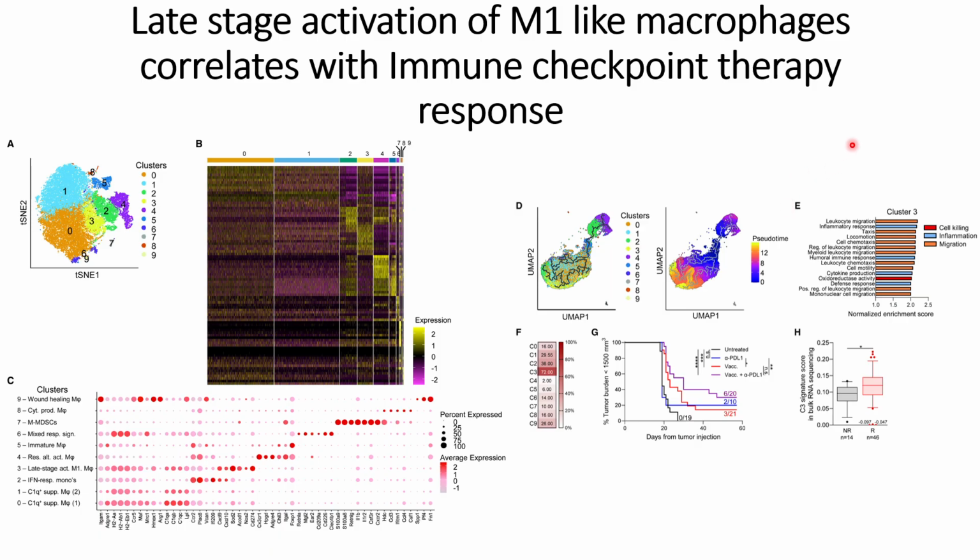So this is not a phenomenon specific only to pancreatic tumors; this late stage activation of M1-like macrophages is also present in other tumors, which they have shown using this anti-PD-L1 therapy data.